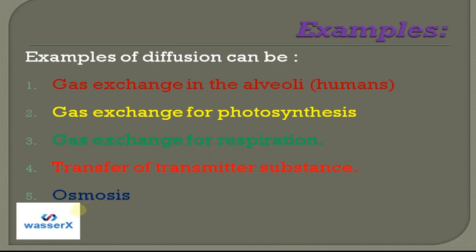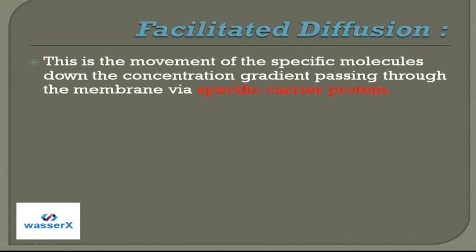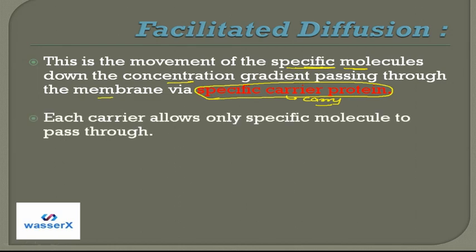And last is osmosis. Now let's see what facilitated diffusion is. In facilitated diffusion, there is the movement of specific molecules down the concentration gradient, passing through the membrane via specific carrier proteins. Carrier means they will carry something, and here one thing is important: only specific molecules are transported.